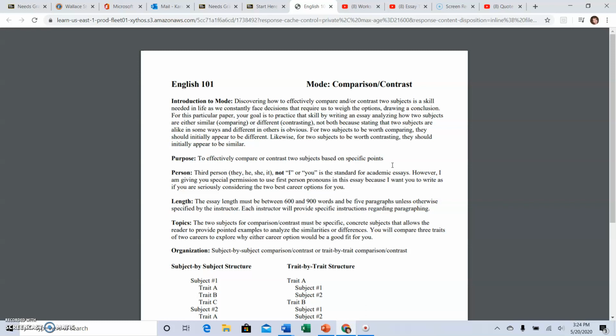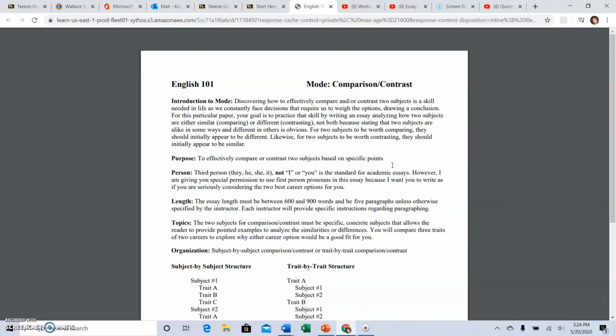The similarities may be enough to make both decisions valid decisions, but the differences could also make one choice better than another. So my essay is a little different from that. There are a couple other differences that we may note as we go through the mode sheet together.